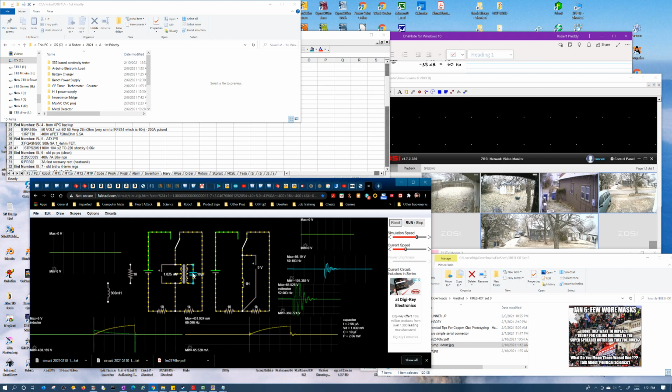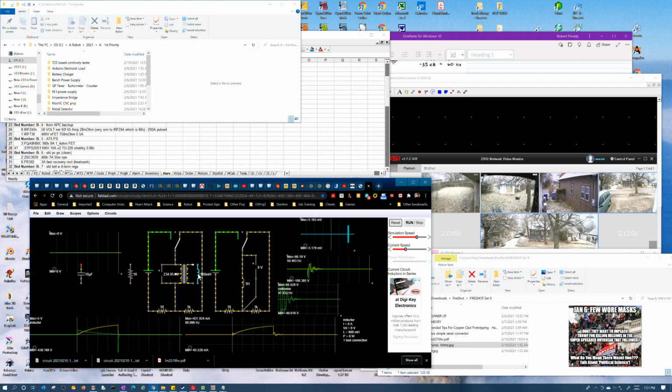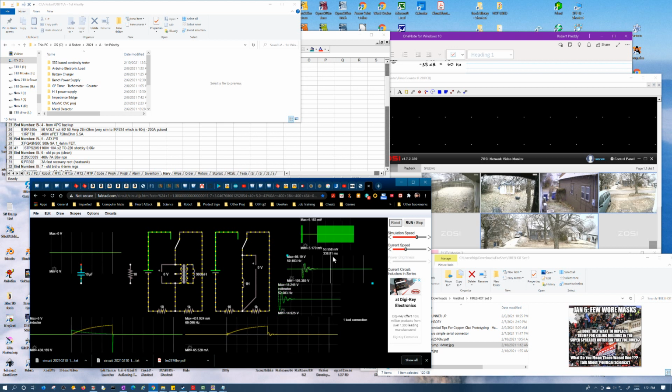So anyway, there's that. Now, like I said, we could stick an inductor in here and this thing just kind of freaks out.